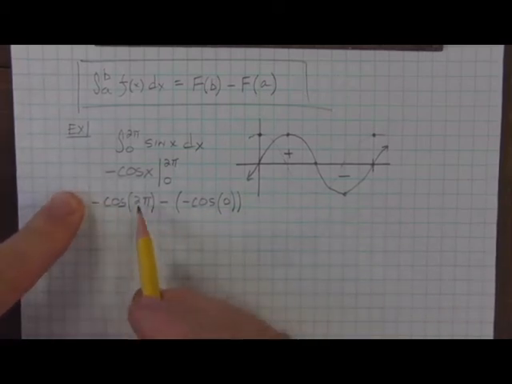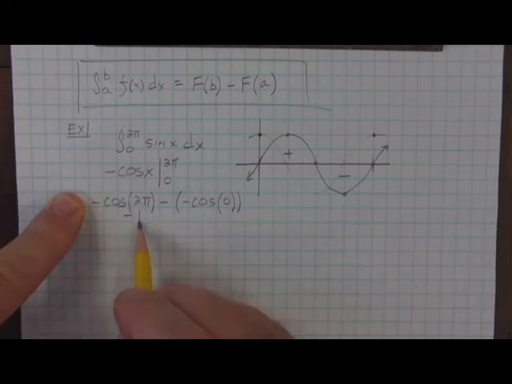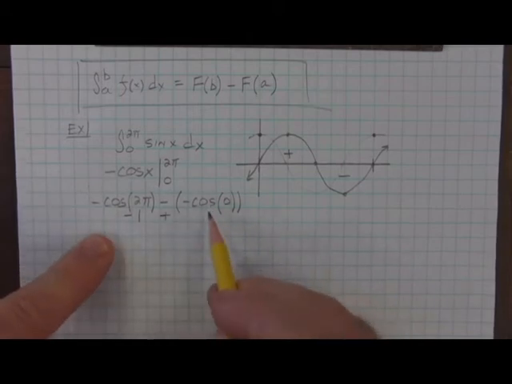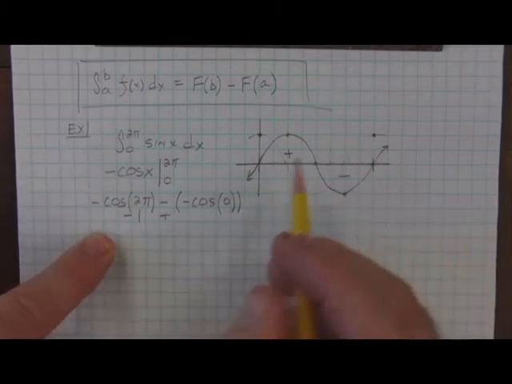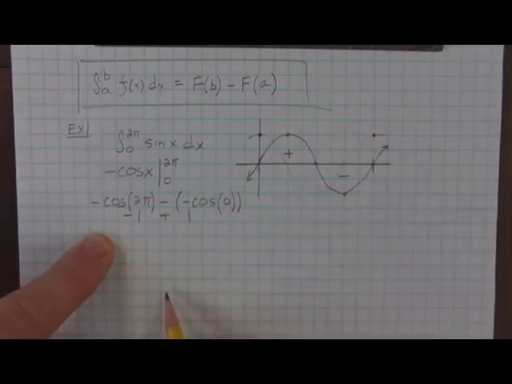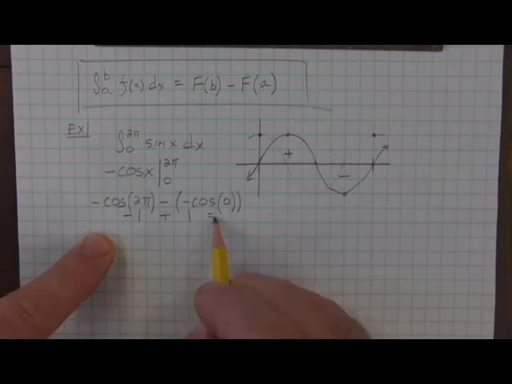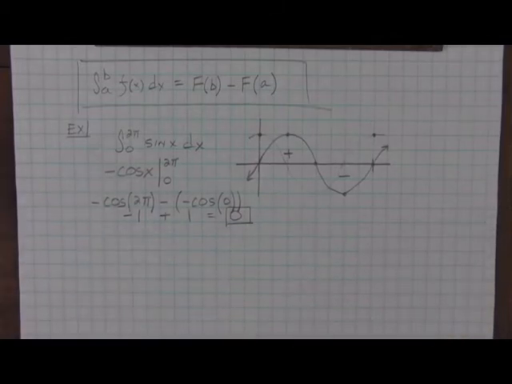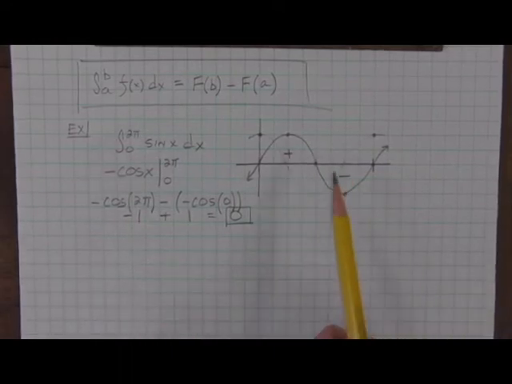The negative of cosine of 2 pi is -1, and we're going to subtract a negative, or add, the cosine evaluated at 0, which is also 1. And I can combine these two terms. -1 plus 1, of course, is 0. The area under the curve of sine from 0 to 2 pi is 0. That's what we expected. These two regions canceled each other out.